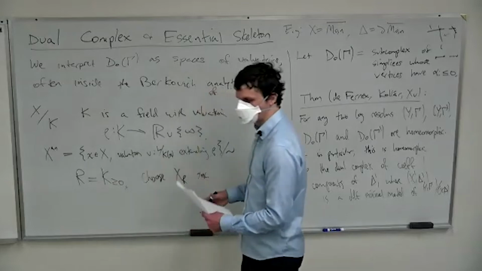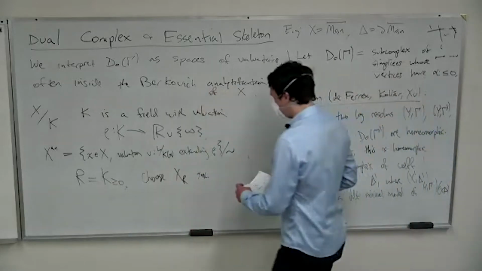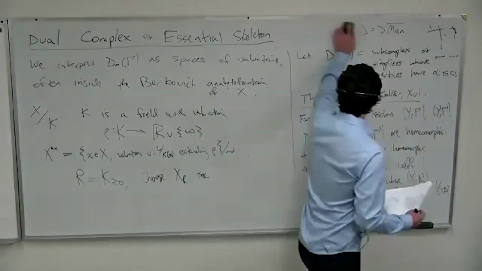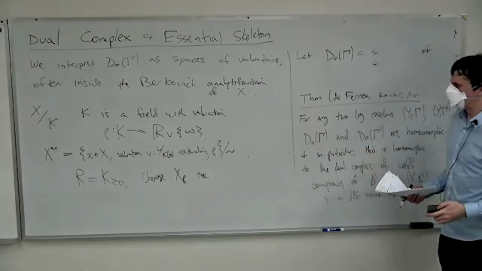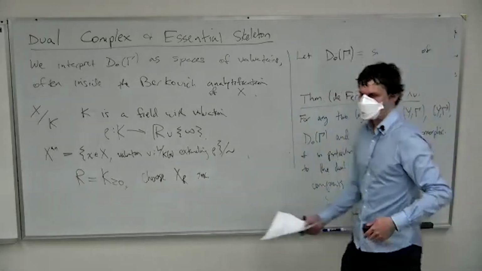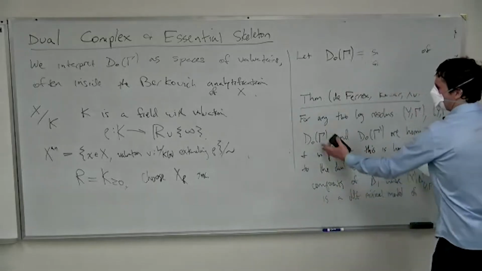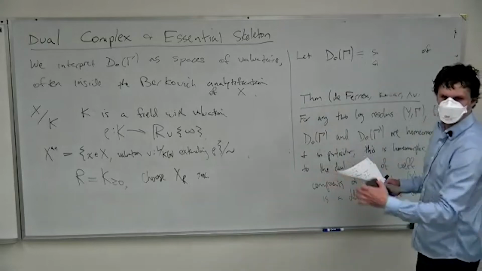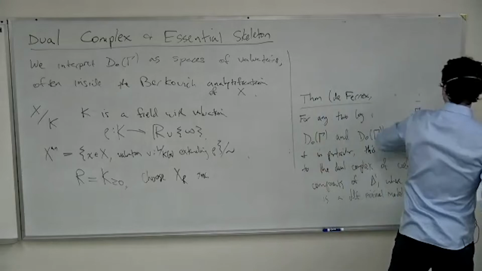So the special fiber is SNC inside X. And then you can define this complex here, where you have a boundary already because you have the special fiber, intrinsically in terms of the valuation space, and this is what's called the essential skeleton.